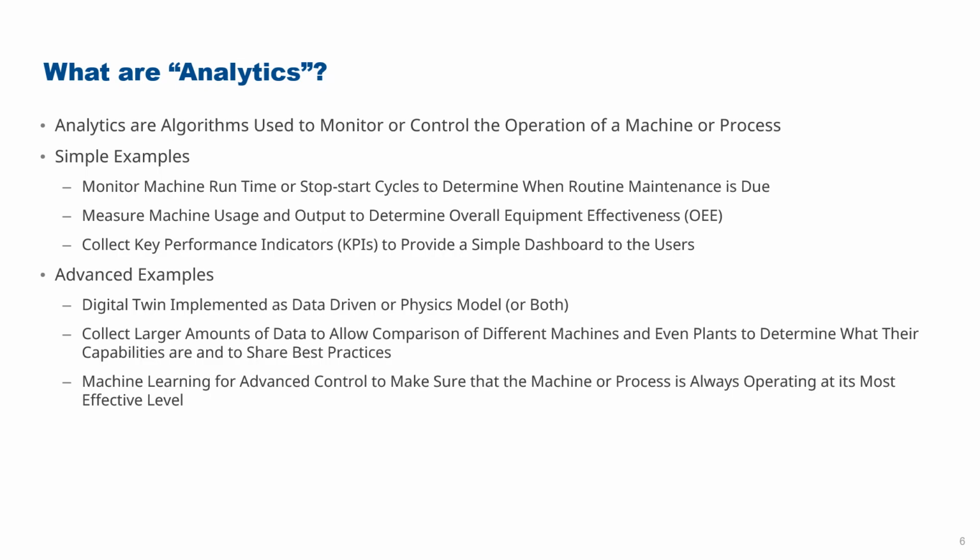For example, you may have a digital twin. With a digital twin, this could be implemented as a data-driven model or a physics model. So the idea here is that you have a model of the plant or process, and as the plant or process is operating in real time, you can compare that with the digital twin to see if there are any differences or anomalies.